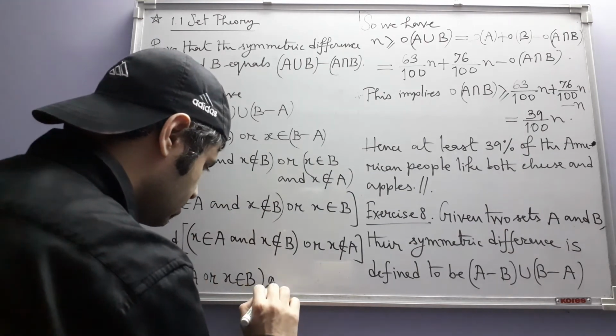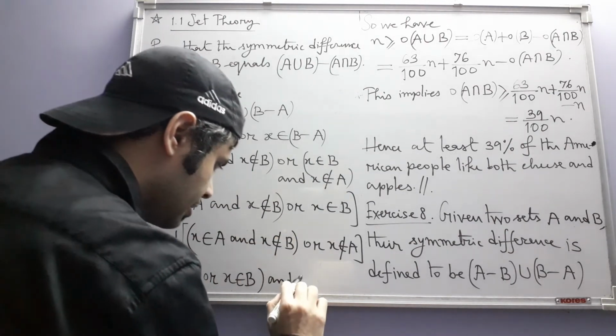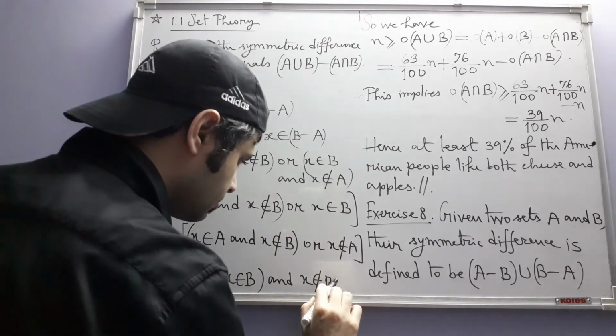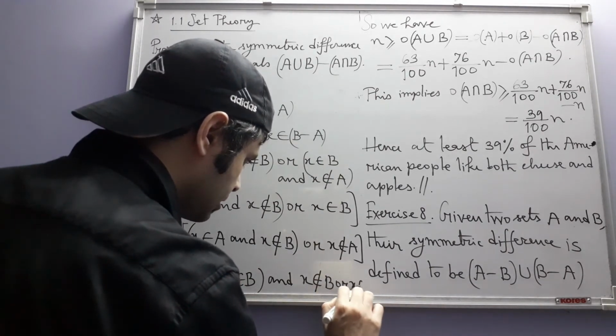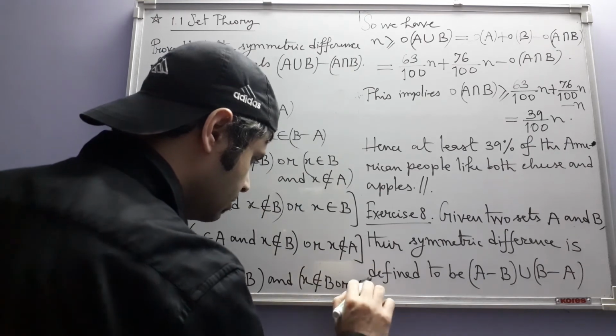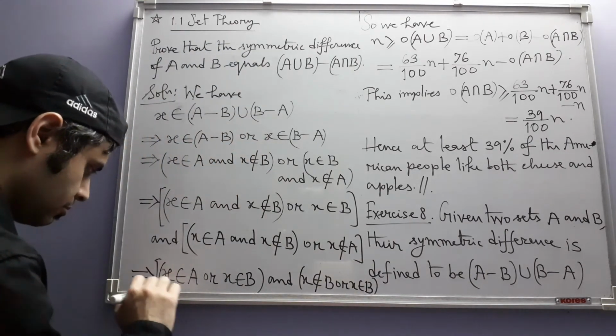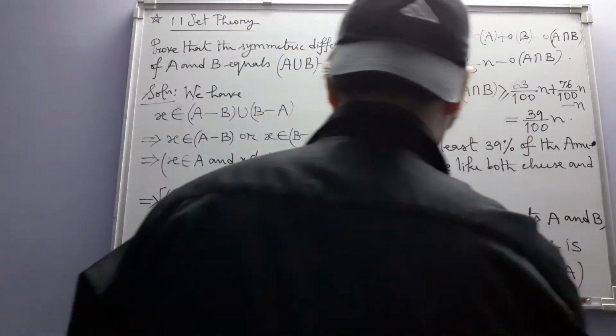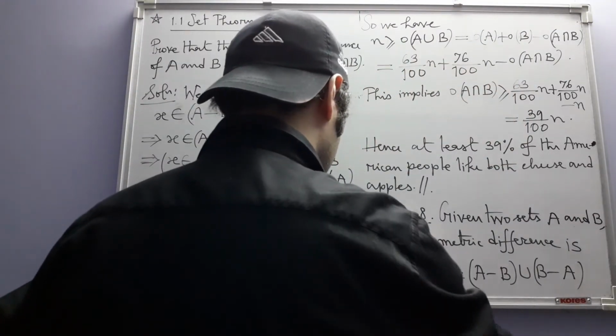and x does not belong to B, or x belongs to B. So this is one thing, but it's not all.